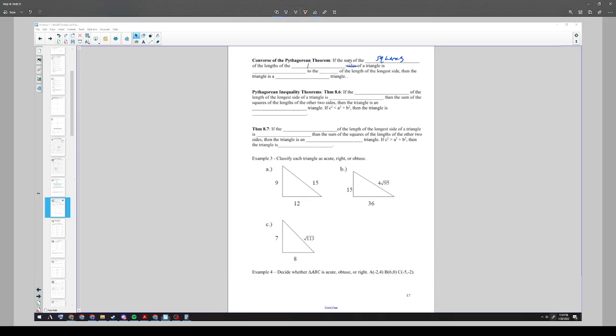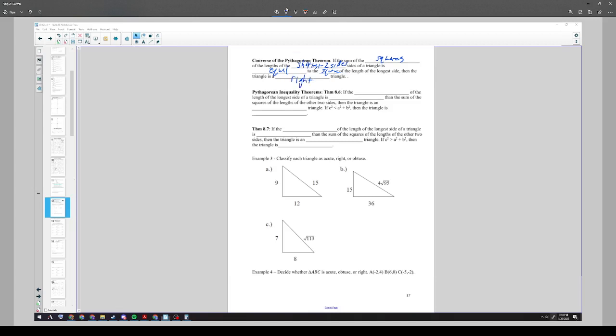Okay, so we don't know their legs, so we don't know it's a right triangle. So let's call them the shortest 2 sides of a triangle is equal to the square of the length of the longest side, then the triangle is a right triangle.